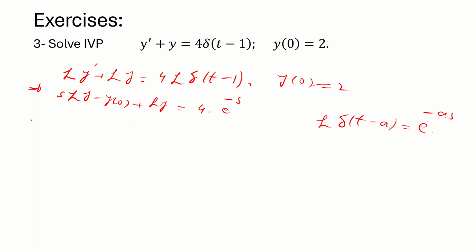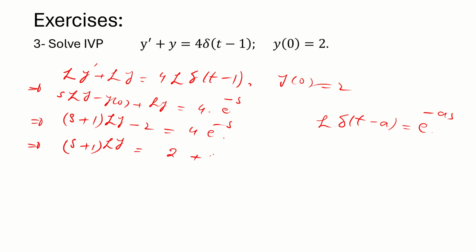Now y of 0 is what? That is 2. So we can write that as (s plus 1) into Laplace of y minus 2 is equal to 4 e power minus s, which might be written as (s plus 1) Laplace of y equals 2 plus 4 e power minus s. Keeping in mind, you can use the formula I derived already, and I used in quite a few examples as well.